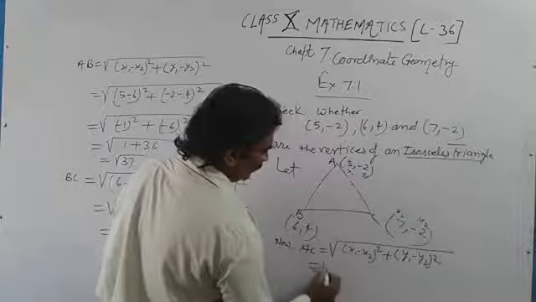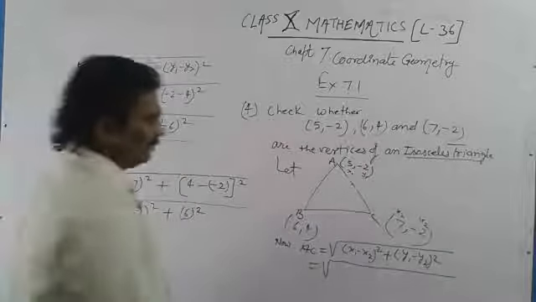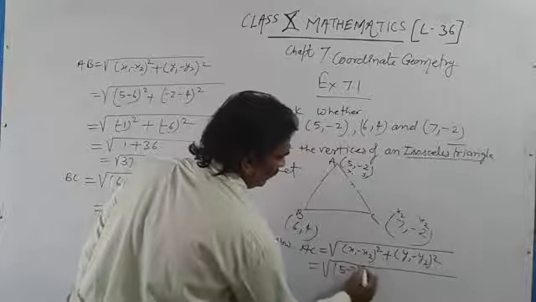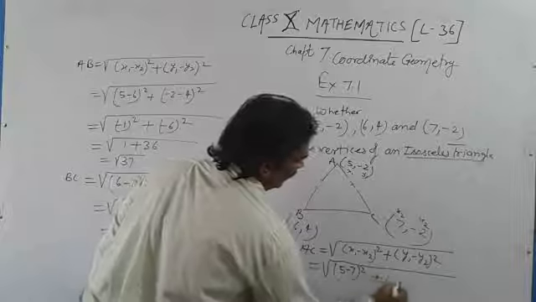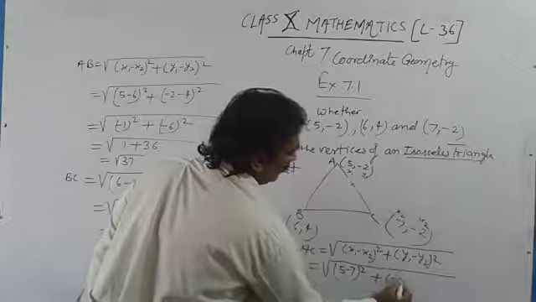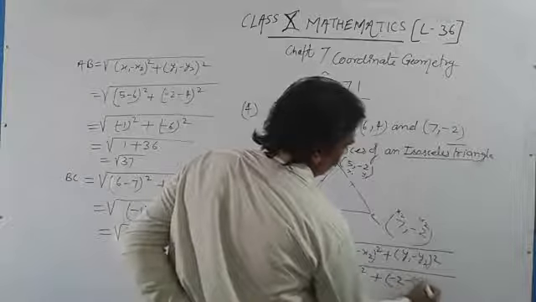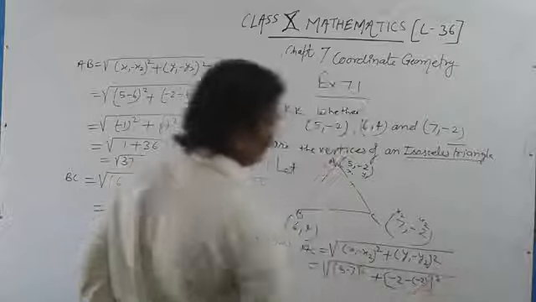Putting values, x1 minus x2, 5 minus 7, whole square, plus y1 minus y2, minus 2 minus (minus 2). So certainly students, this will become this.